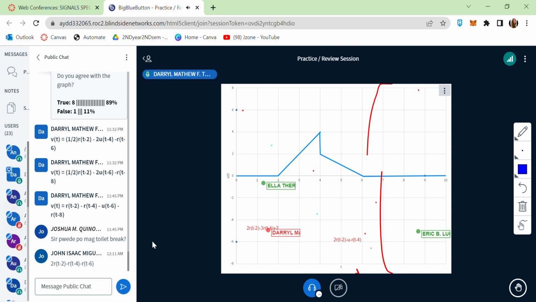This one to the bottom right is on the right path. Tama yung pag-indicate nyo ng U pero mali yung sign. Remember, yung nangyari starting point 4, yon, tama, bumaba siya. That's why negative 2U.